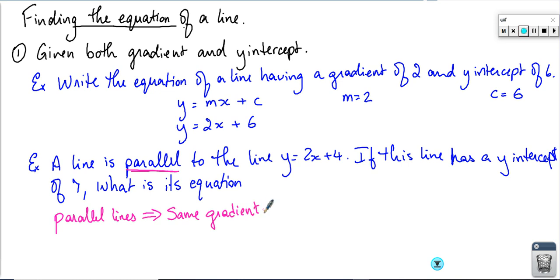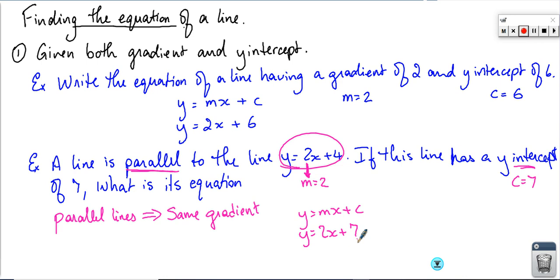So from this equation, we get that the gradient is 2. We're told that the y-intercept is 7, so y-intercept of 7. So the answer, when we compare that to y equals mx plus c, the answer is going to be 2x plus 7.